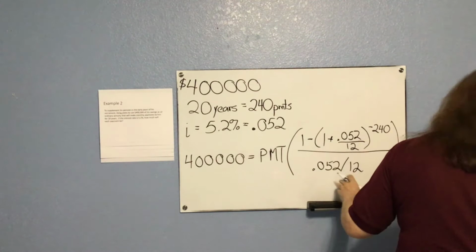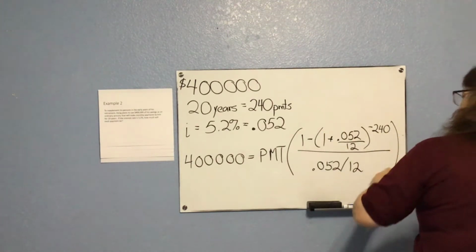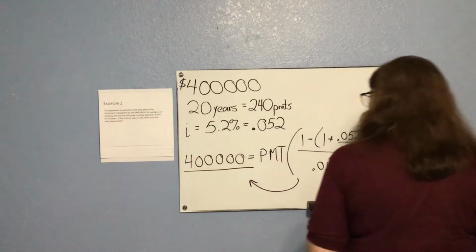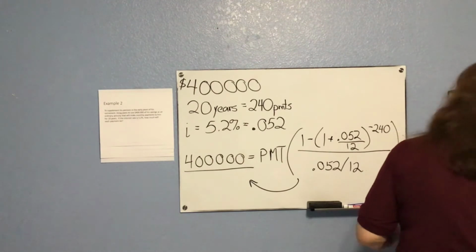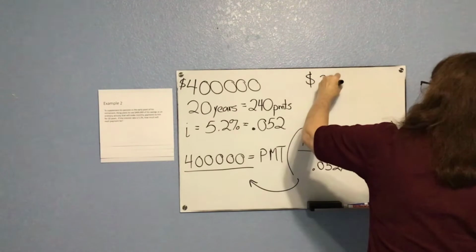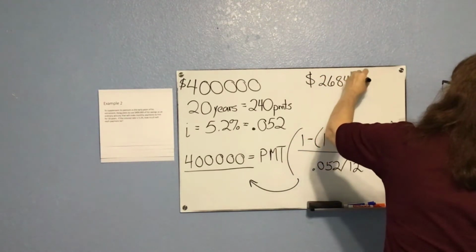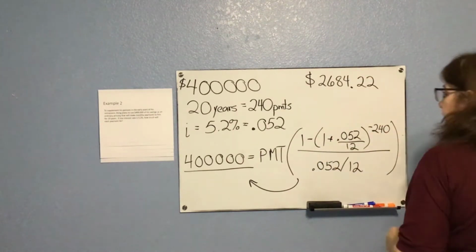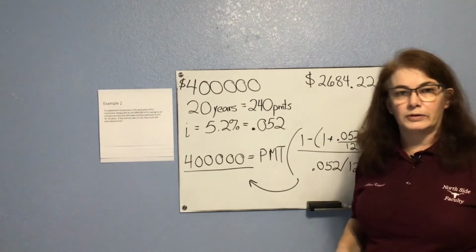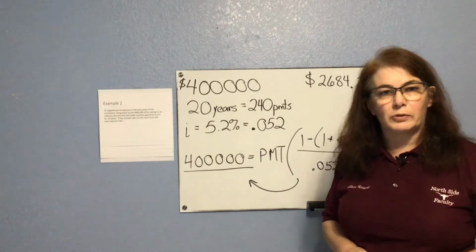Okay, and then at this point, it really is just a calculator problem. Work all of this out first and put it underneath the $400,000. And we get a payment of $2,684.22. So this is how much he'll get per month for the first 20 years that he's retired. Pause the video now and work on checkpoint 2.